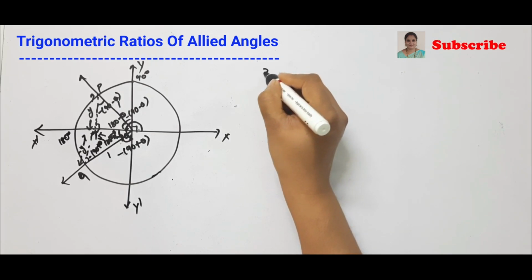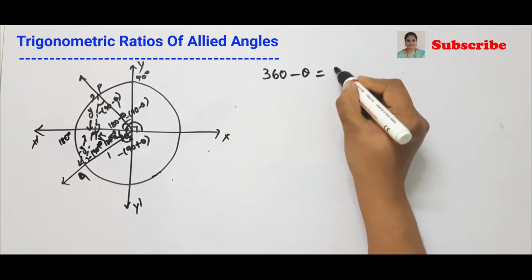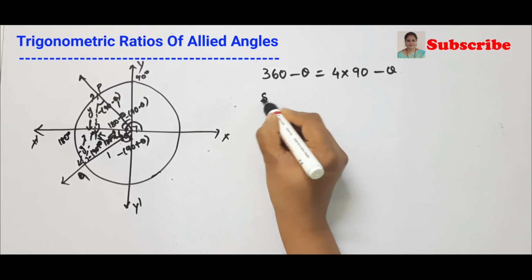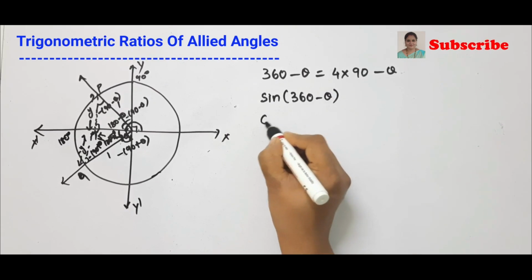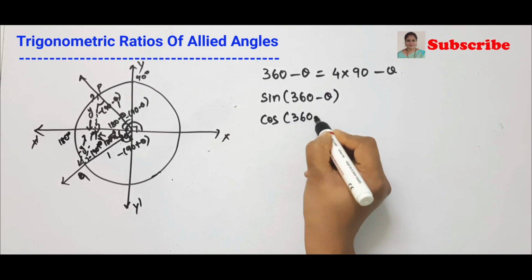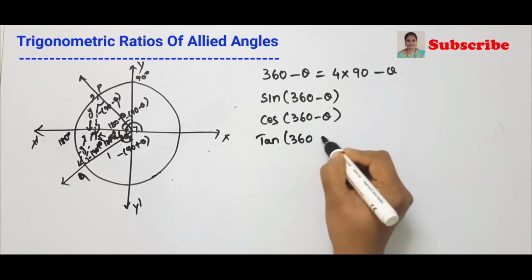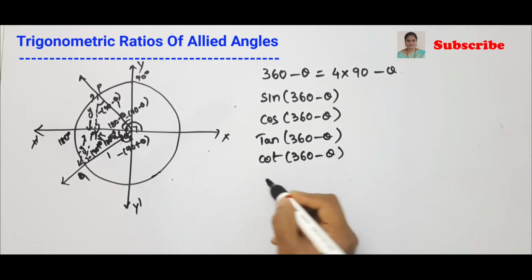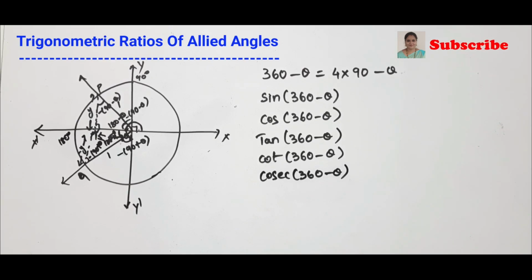At angle 360 minus theta, this can be written as 4 into 90 minus theta. So this is even. First write down the angle: sine of 360 minus theta, cos of 360 minus theta, tan of 360 minus theta, cot of 360 minus theta, cosecant of 360 minus theta, secant of 360 minus theta.